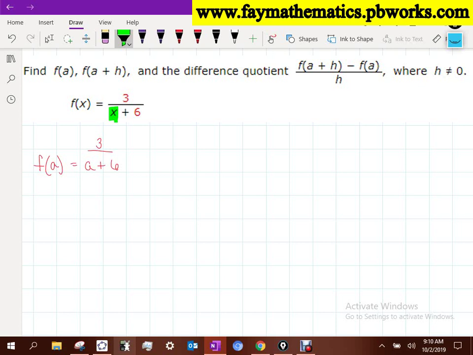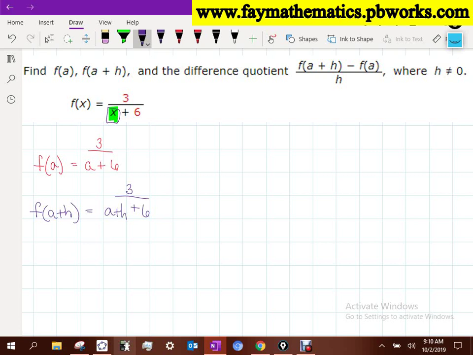So that analogy helps me realize when I have to find f of a plus h, that's what goes in the box. A plus h goes in the box. So everything else stays the same. I have the 3, I have the plus 6, but now that box is going to turn into a plus h. Does that make sense?